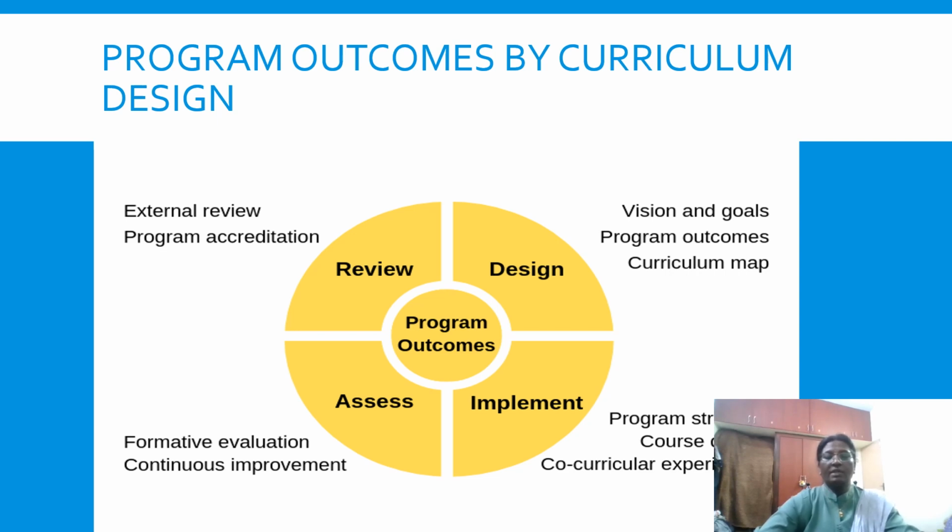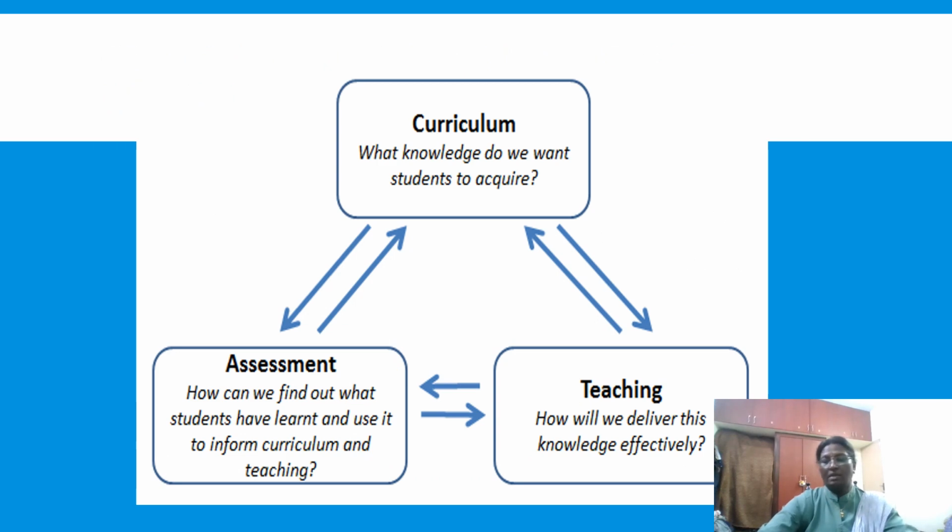You will adapt different methodologies and give progress to the children in the continuous improvement. And review: the external review and program accreditation. So you will review the curriculum one by one for the upliftment of the syllabus, that is the curriculum.